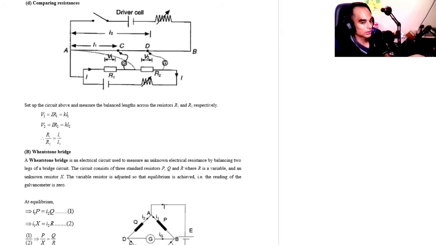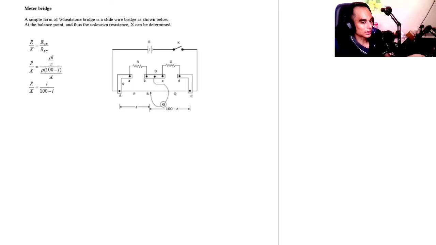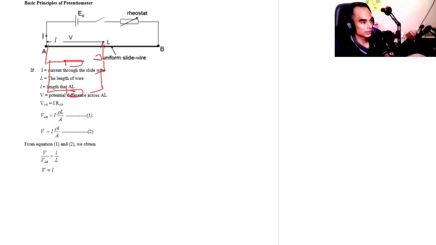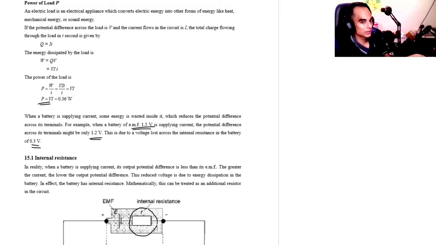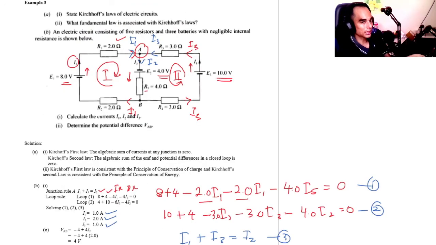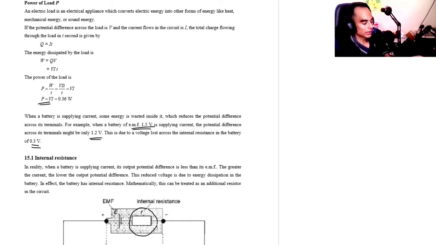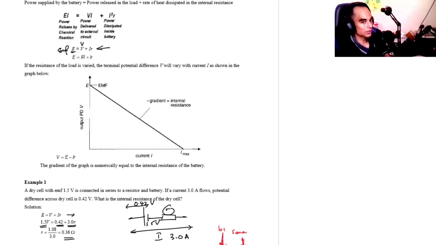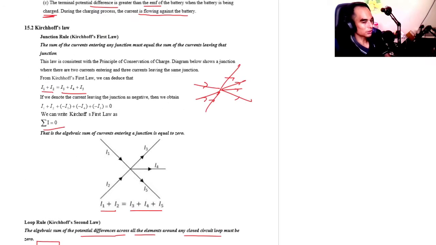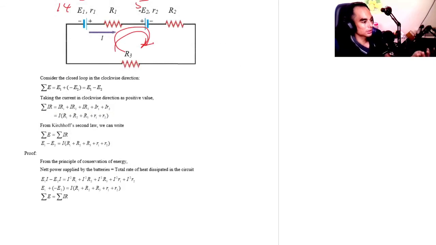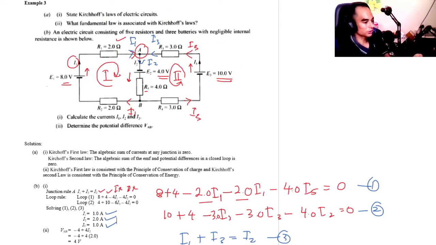Okay, so that's all in the DC. Okay, this is good. So mostly it's about the theories of what is inside the battery, what is the EMF of the battery, the voltage, the current, and then what is the Kirchhoff law. It's mainly about Kirchhoff law. Most of the questions are about Kirchhoff law. If you can answer Kirchhoff law, you'll be safe.